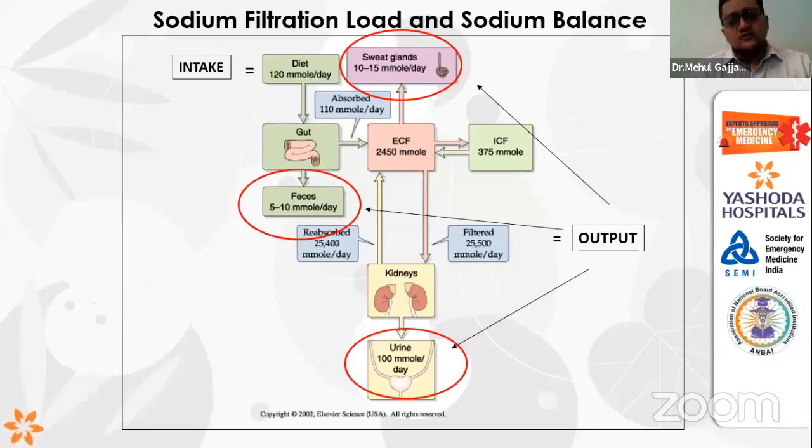Another 2450 millimoles are filtered in kidneys, and only 10 millimoles of sodium is lost in urine. So basically, there are three outputs for sodium concentration maintenance. And again, only the urinary part is under hormonal control, because sweat glands and fecal sodium excretion are not under the control of homeostasis.